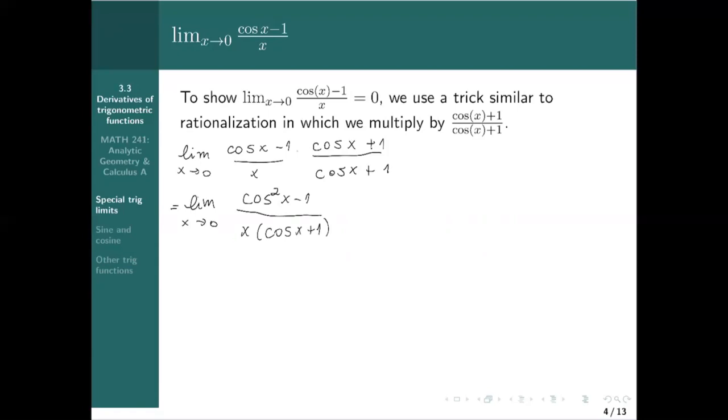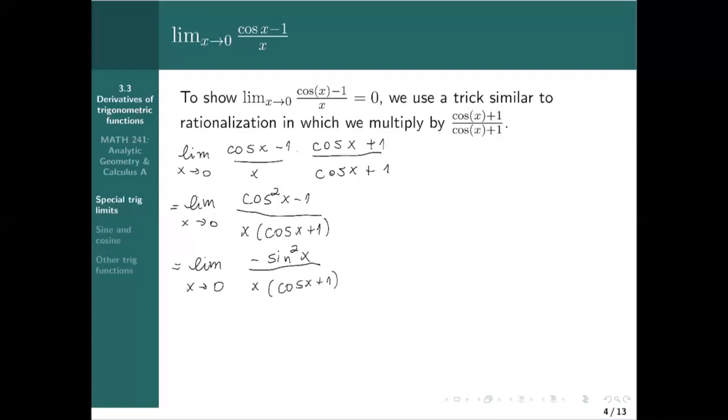Now we are going to use one of the trigonometric identities. Remember that sine square of x plus cosine square of x is equal to 1. So cosine square of x minus 1 is going to be equal to minus sine square of x, sorry. So it's going to be minus sine square of x over x times cosine of x plus 1.